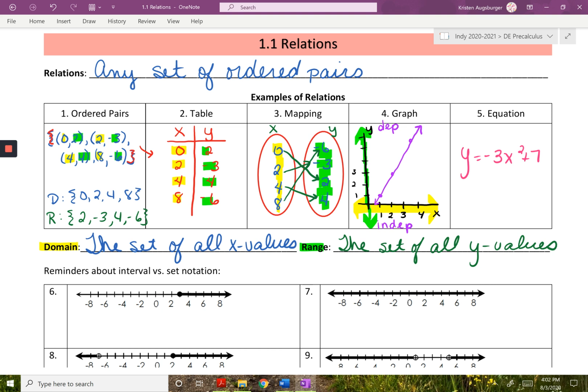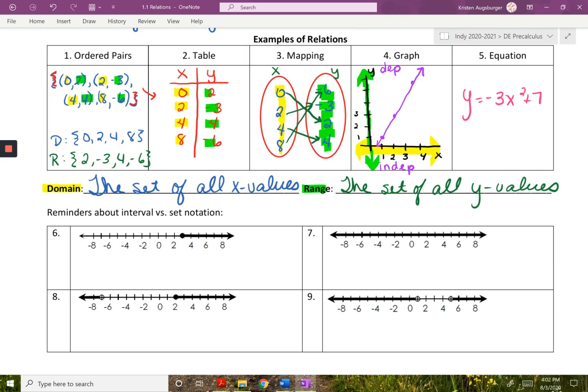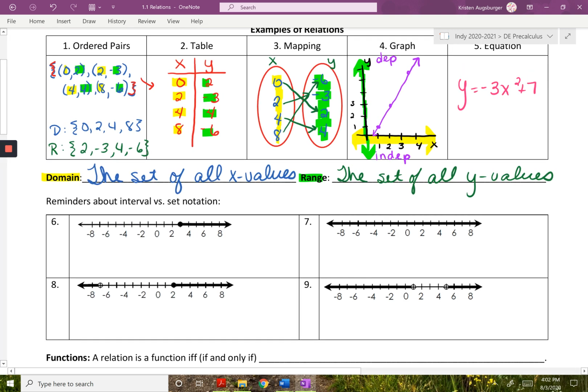So since when we talk about domains and ranges, we often talk about writing them in interval or set notation, you need to be familiar with how to do this. Now we have 2 different choices. We have a choice of using interval or set notation. I'm going to be focusing primarily on set notation.